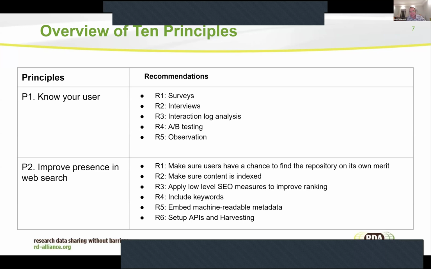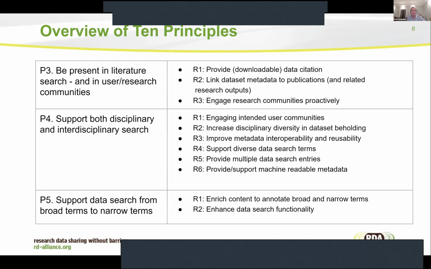Then the second principle that's very important, especially for data centers, is improve the presence in web search. That's next to, of course, standard things like search engine optimization. Everybody knows about that, but there are also other recommendations, like having APIs for searching and harvesting, so anybody can interact with the metadata in your repository.